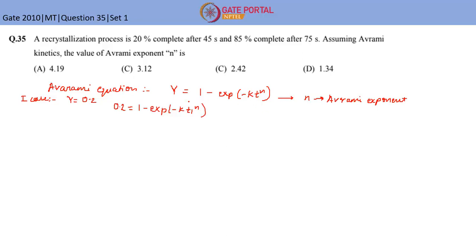If we simplify this, exponential of minus k t1 raised to power n is equal to 0.8. So minus k t1 raised to power n will be equal to ln of 0.8, right? Let's call this equation number 1. Now we will take the second case.